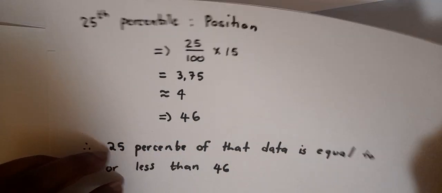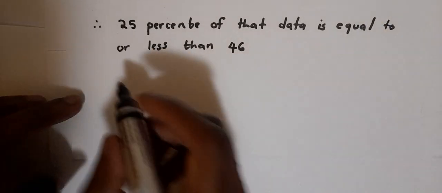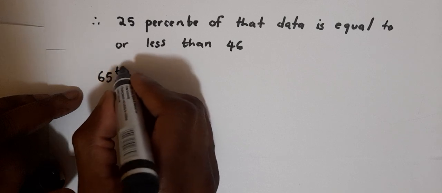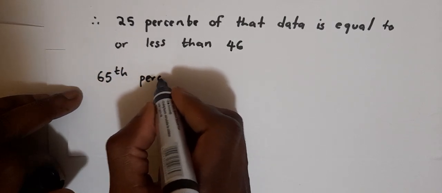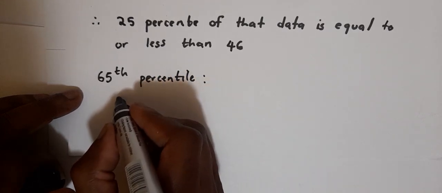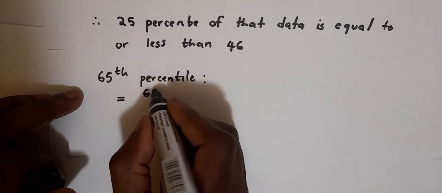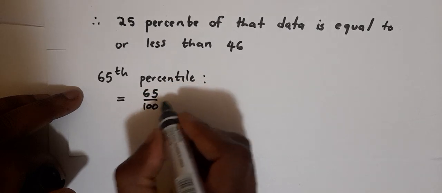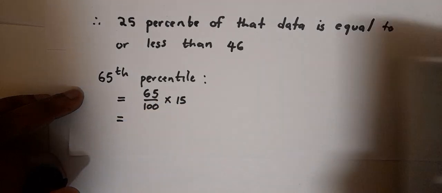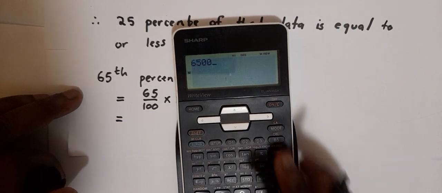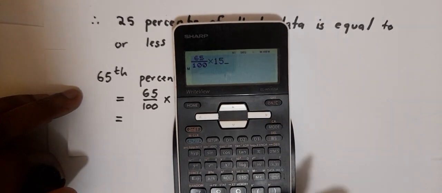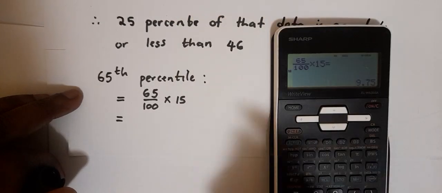And then if a question comes at the 65th percentile, again, number one, you need to find the position. The position would be 65 divided by 100 multiplied by 15, which is 9.75.